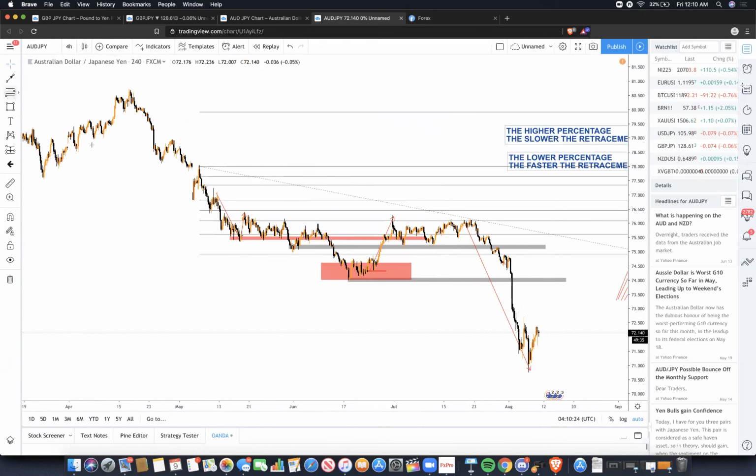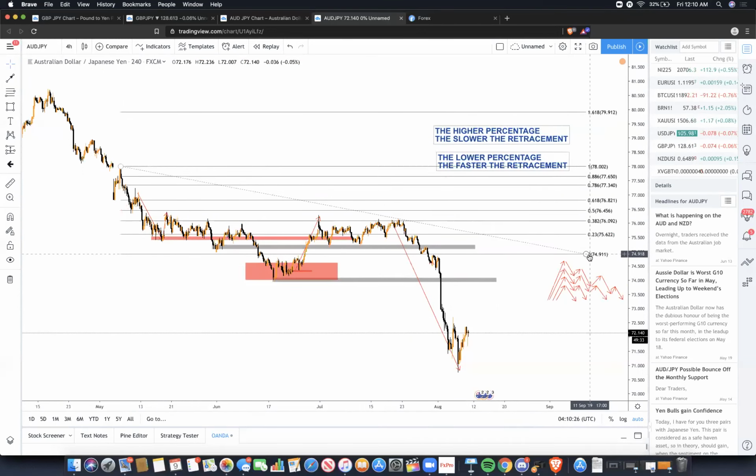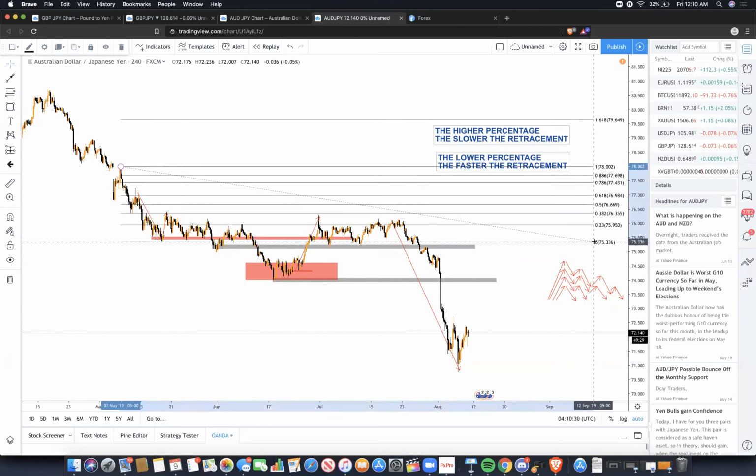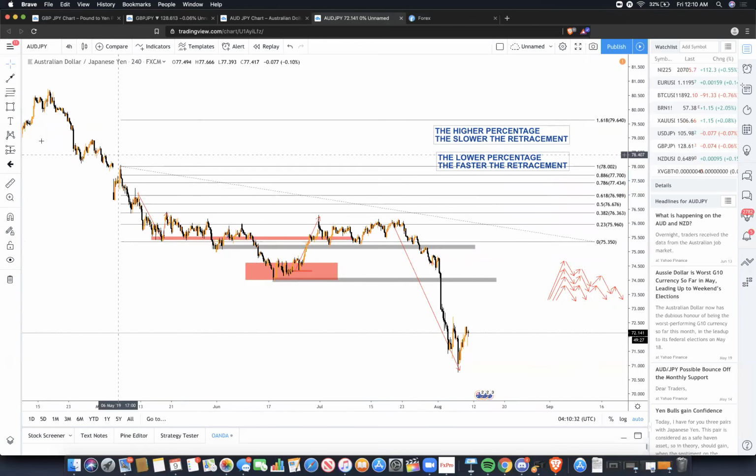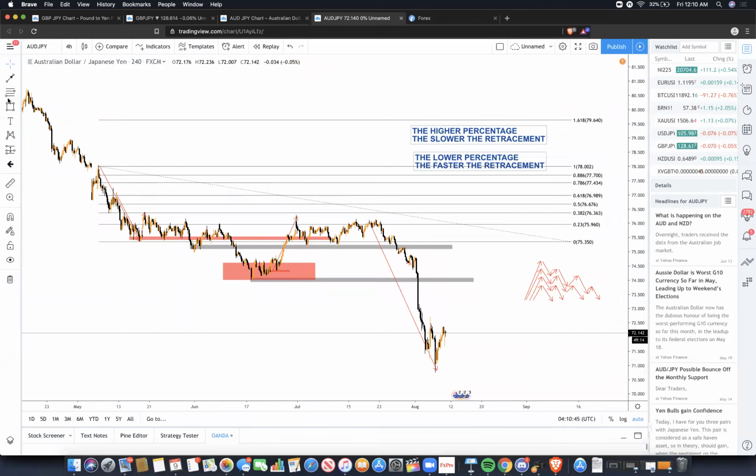Notice how we did it from this move down, one move down, right? So I drew from retest to here. If I was taking my trade and I'm looking for the retest, what happened? The market broke below and came back above.